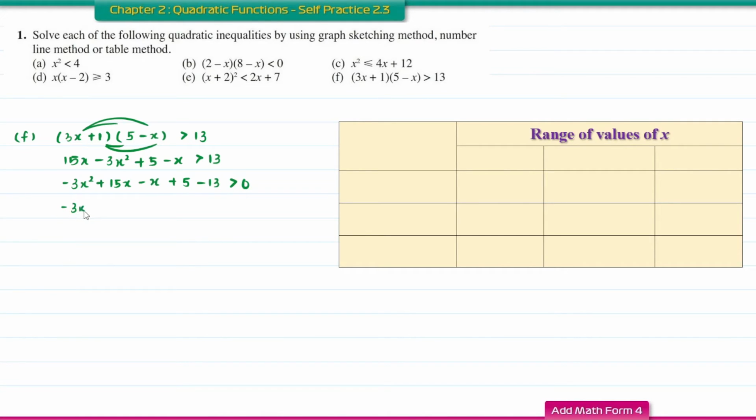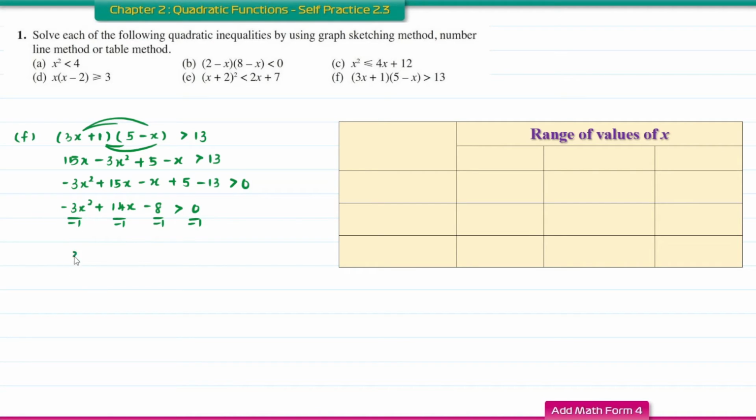Solve for the like terms. So here you're going to get 14x, this part, minus x greater than 0. To do the factorization part here, I'm going to let the coefficient of x squared be positive. Therefore, I'm going to divide every term here by negative 1.